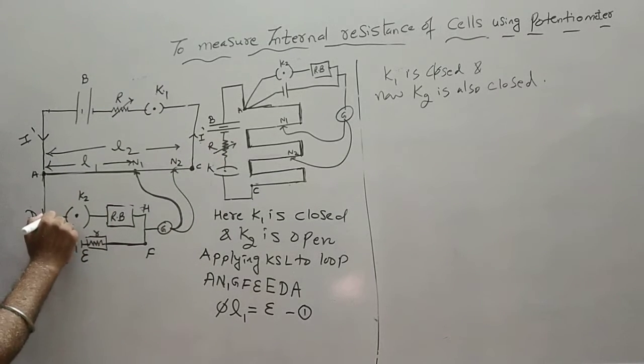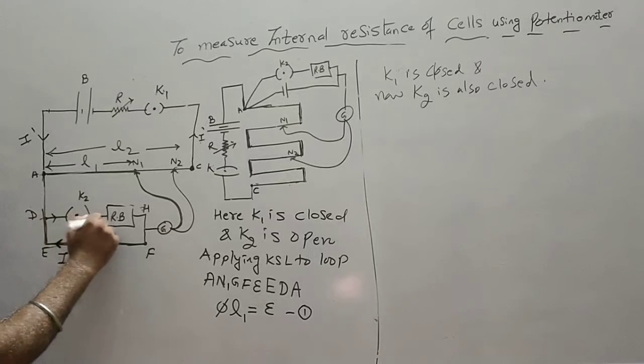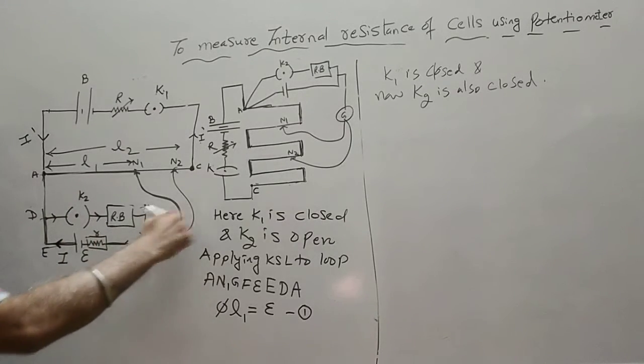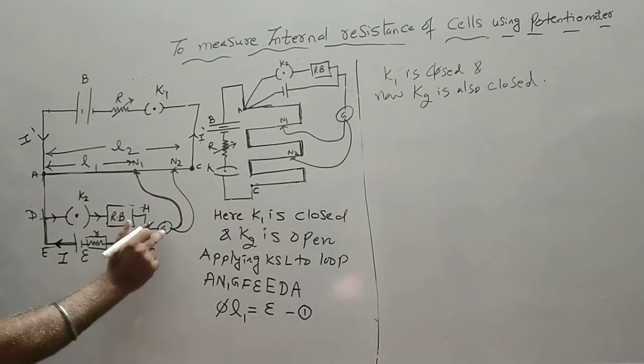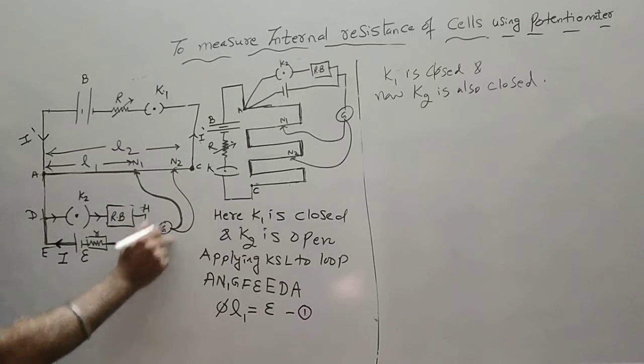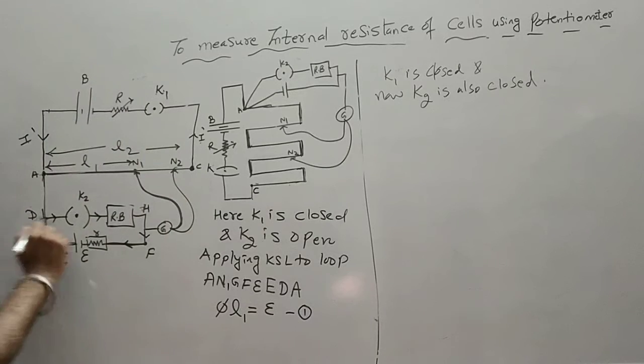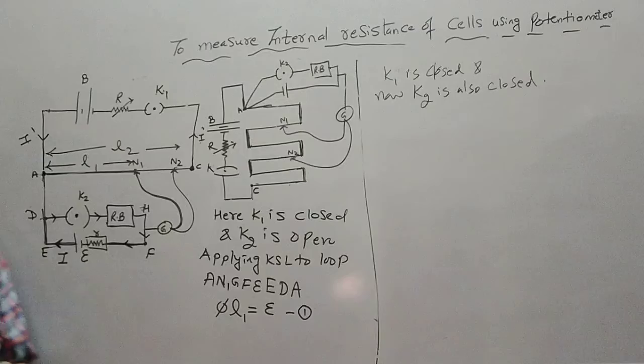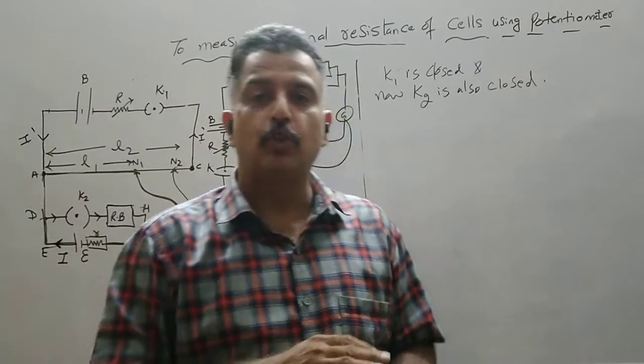So this I, this I, this I, and the current will start flowing in this loop. It cannot go out through the galvanometer because the galvanometer has zero deflection, that is a null point. So now this loop is completed and the current is flowing through the cell.